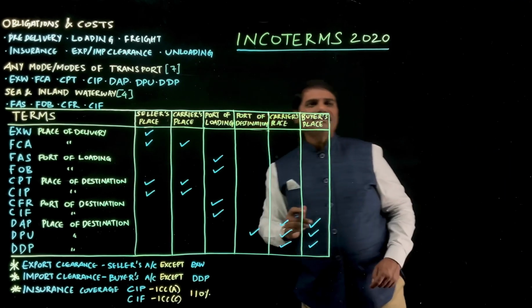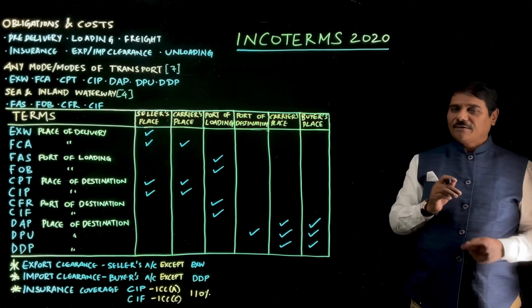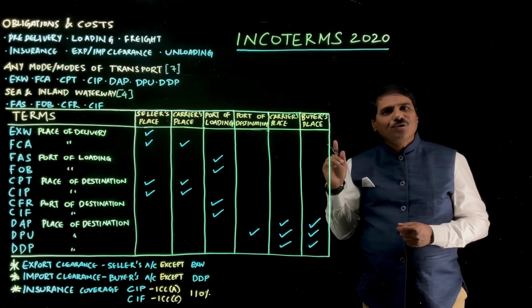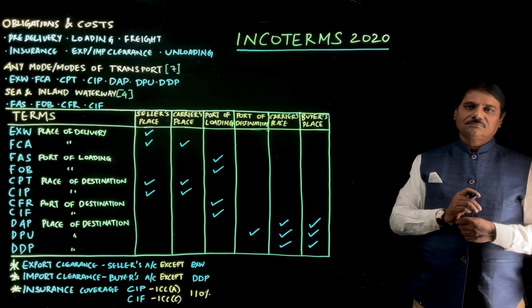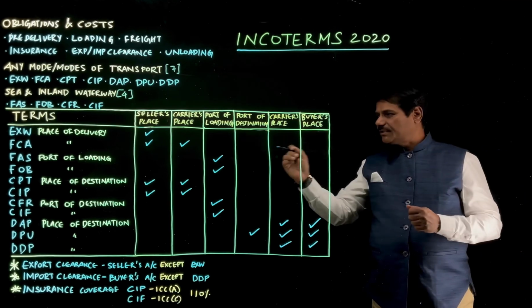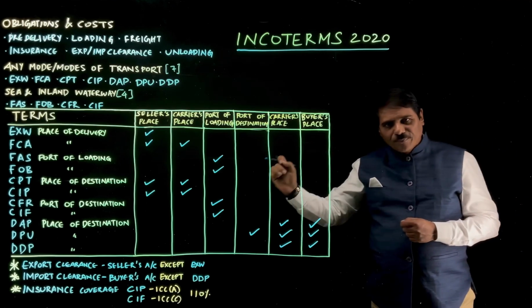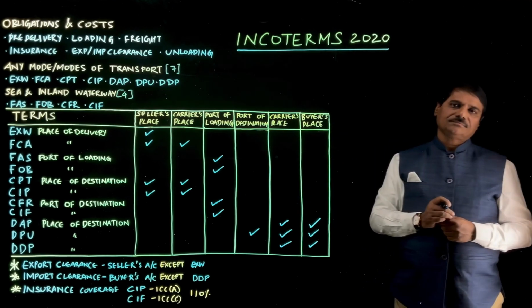And then the next term is FOB, free on board. Again, insert the port of loading. In this example, you would say FOB Mumbai port.